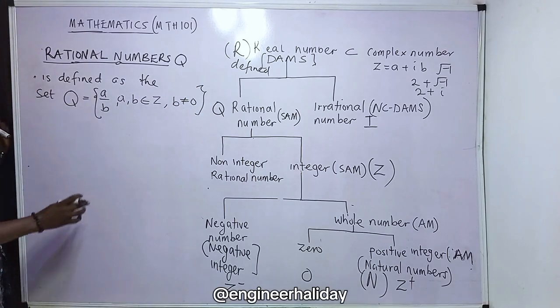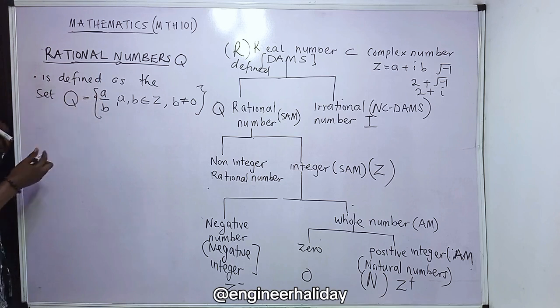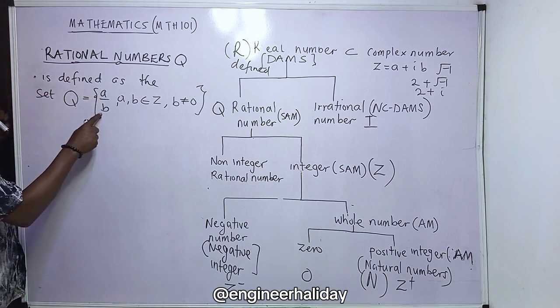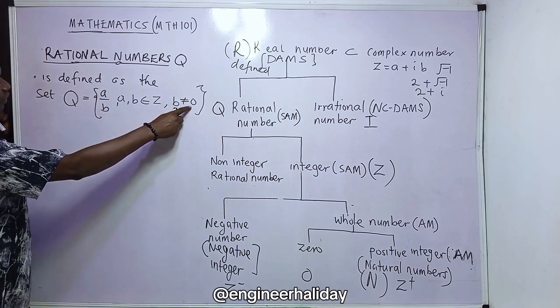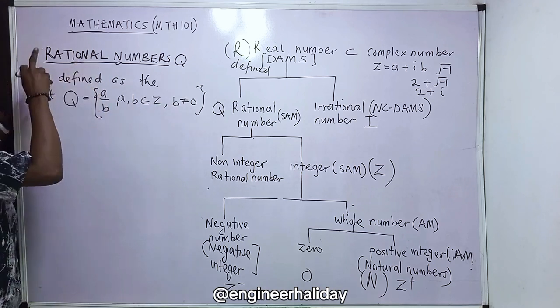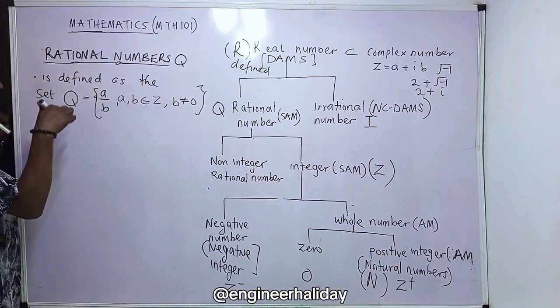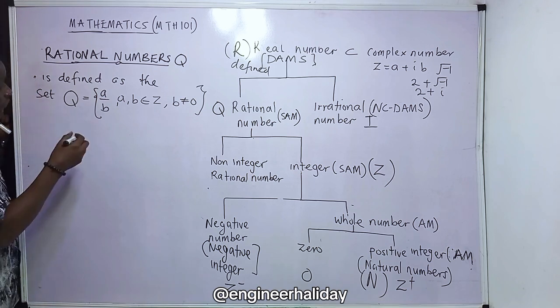What we are saying is that if you have a fraction A divided by B and B is equal to 0, it makes this particular expression undefined.